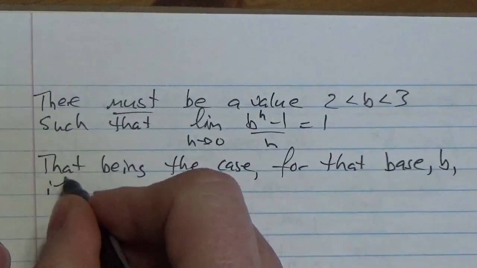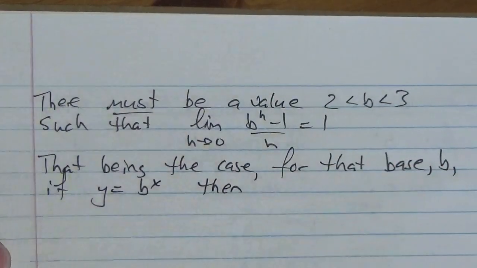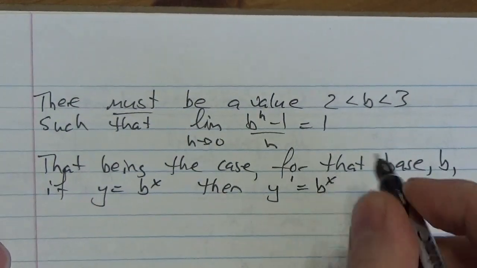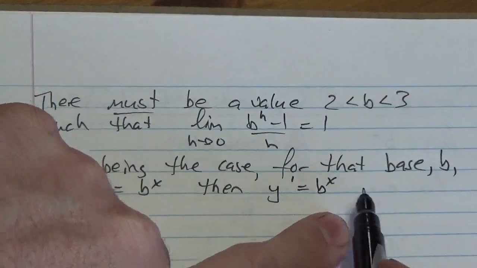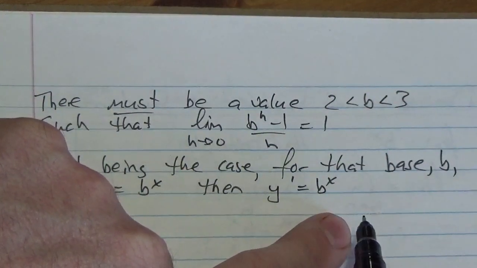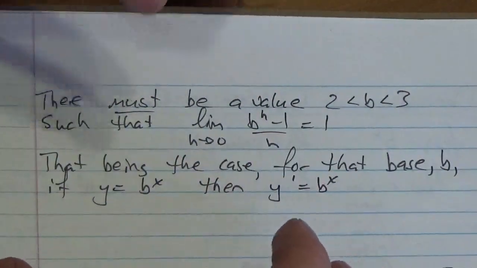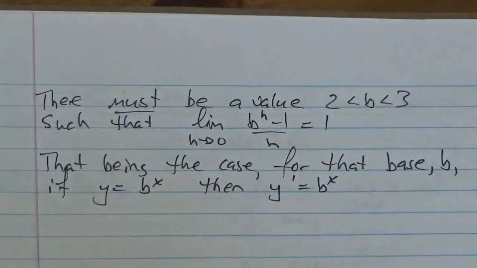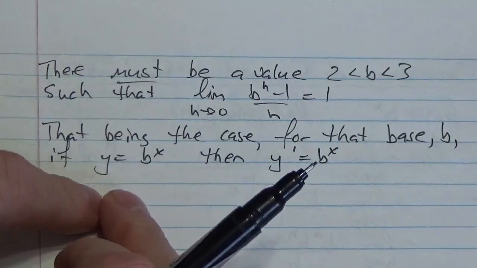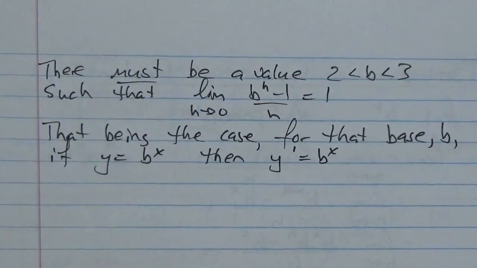We know if y equals b to the x, then it's got to be true that y primed is equal to b to the x, multiplied now by the limit as h goes to 0 of b to the h minus 1 over h. But we've already established in this particular case, for that particular base, that would be 1. So we've got this exponential function where it is its own derivative.